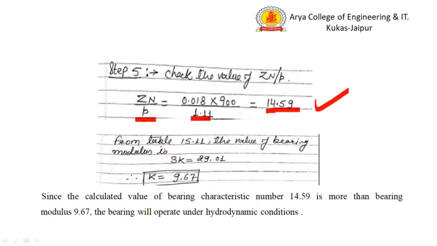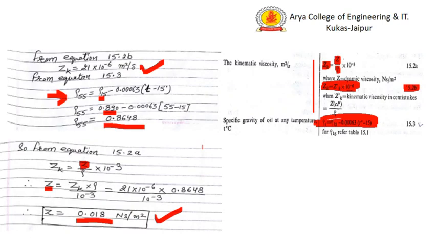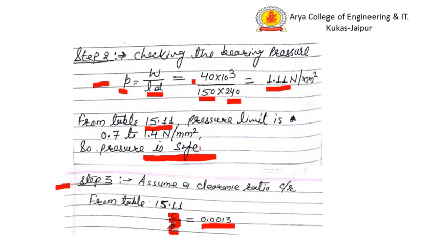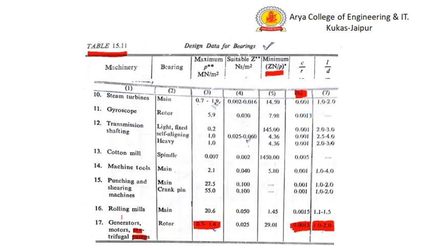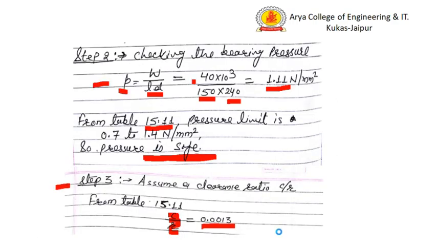So we go to table 15.11, and for our application, centrifugal pump, column number 5, this is the value of Zn by P, and it is 29.01. Basically this is the value of 3K, where K is the bearing modulus. So 3K is equal to 29.01 in this application.